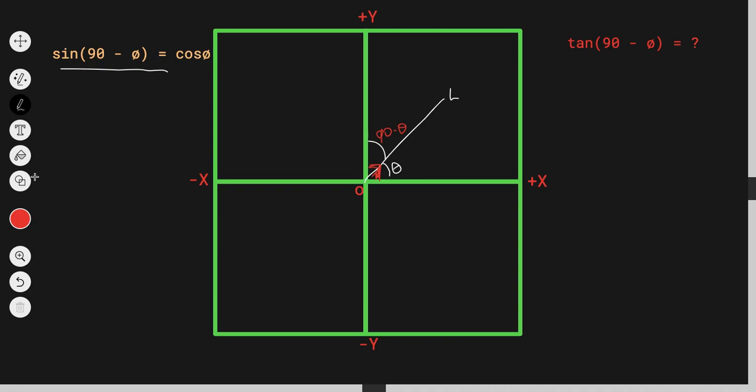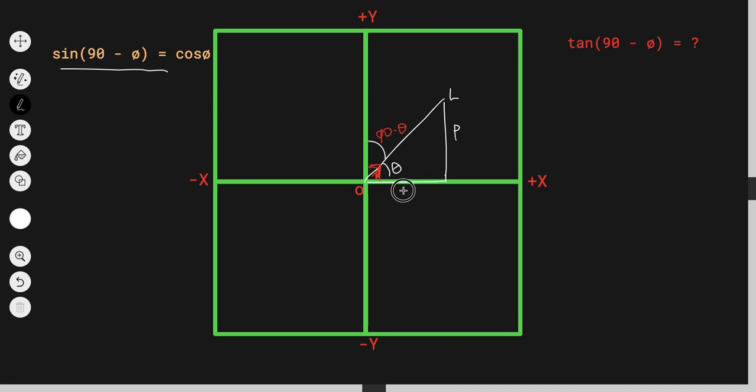Since we have drawn a line segment here, let us mark it. This is the perpendicular of the triangle that we have formed here, and this is the base.